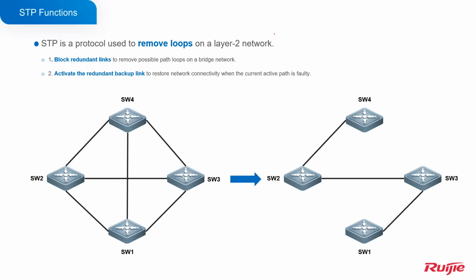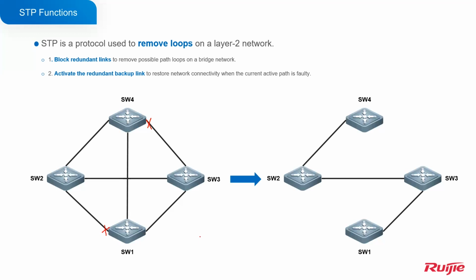To solve the problems caused by loops, we have blocked some of the ports. For example, we have blocked these ports on SW4, and these ports on SW1. Of course, you can also block the ports on the other end of this link. So in this way, we have got a topology as what we can see on the right. And obviously, there are no loops anymore.